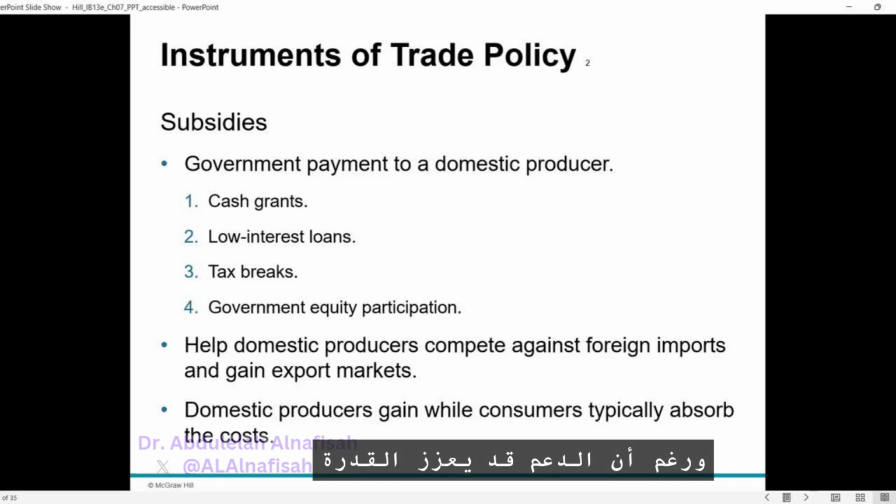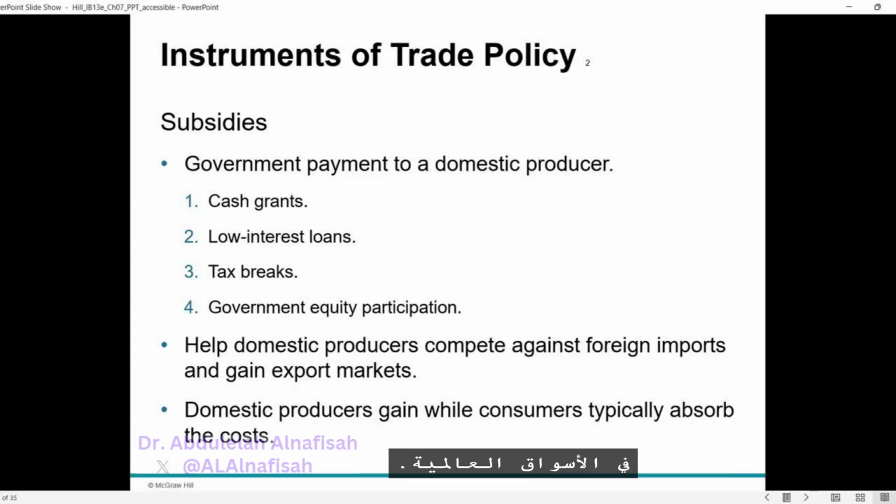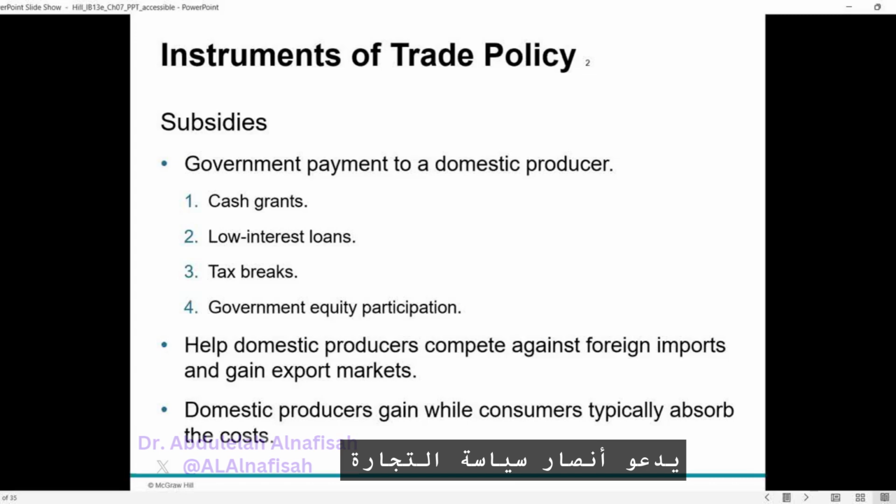While subsidies can enhance domestic producers' competitiveness, they may lead to unfair advantages in global markets. Strategic trade policy proponents advocate subsidies to help firms excel in industries with economies of scale, like commercial aircraft and semiconductors, fostering first-mover advantages and economic benefits.